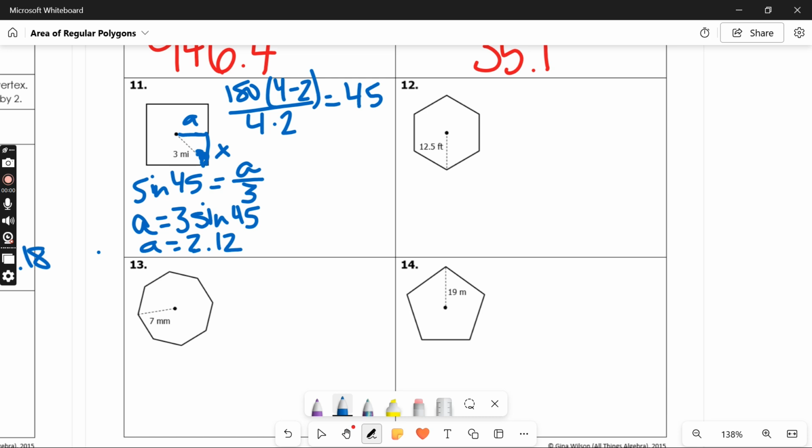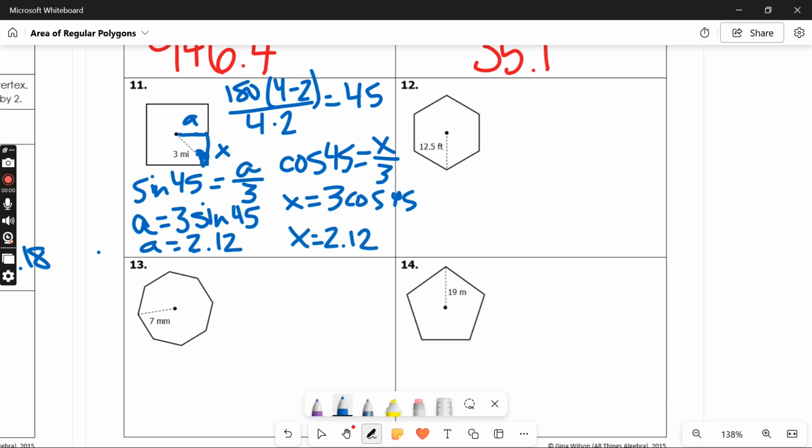Then I'm going to find X. X is the adjacent side with the hypotenuse. So for X, I'm going to use cosine of 45 is equal to X over 3, which means X is 3 cosine of 45. So X is 2.12.